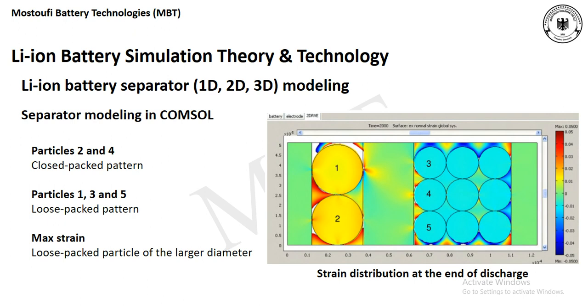And here the maximum strain occurs for a loose packed particle of the larger diameter. So normally it is assumed that the maximum strain occurs for the larger diameter particle in the battery.